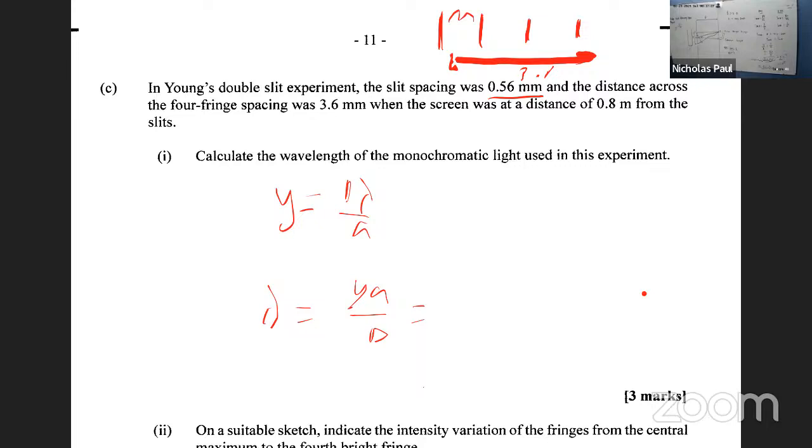You have 1 here, 2 here, 3 here. You see that? Although it's 4 fringes, you have 3 separations, right? You have 3 spaces here. So therefore, y will be 3.6 by 10 to the minus 2 all over 3, right?